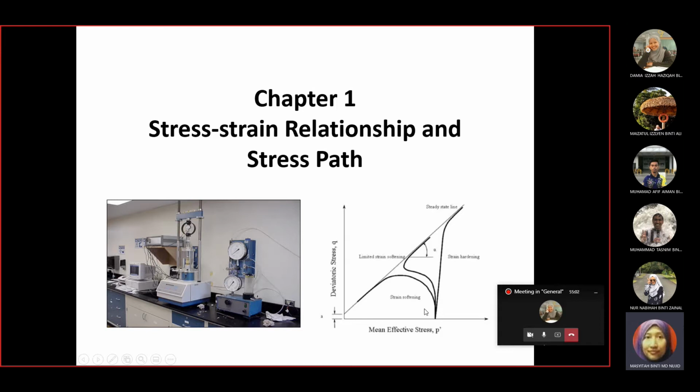So strain hardening, strain softening ni pun indicates to you different soil type. Kadang kita dah tahulah kalau kata tanah tu jenis keras, dia punya failure dia akan bagi you strain yang bentuk hardening, dia bukan bentuk softening.